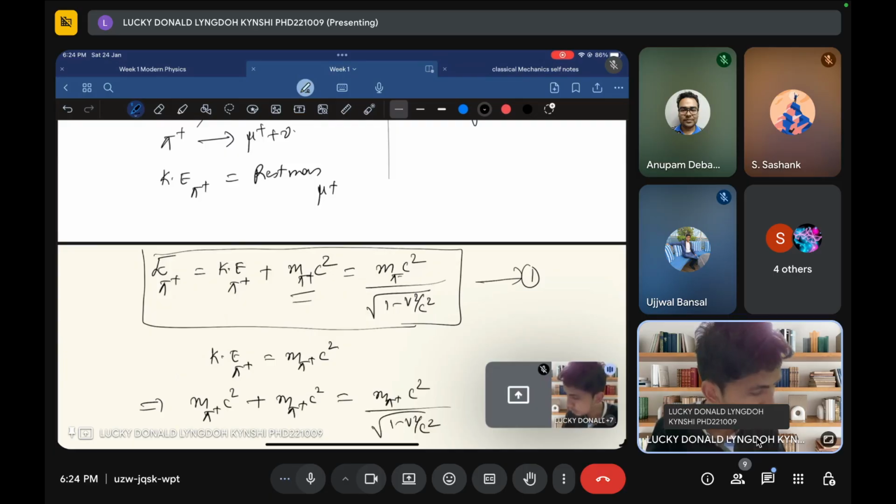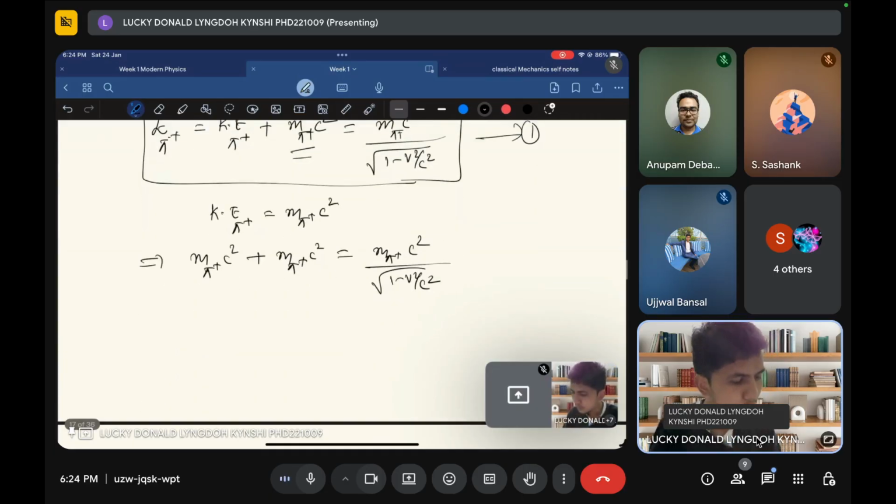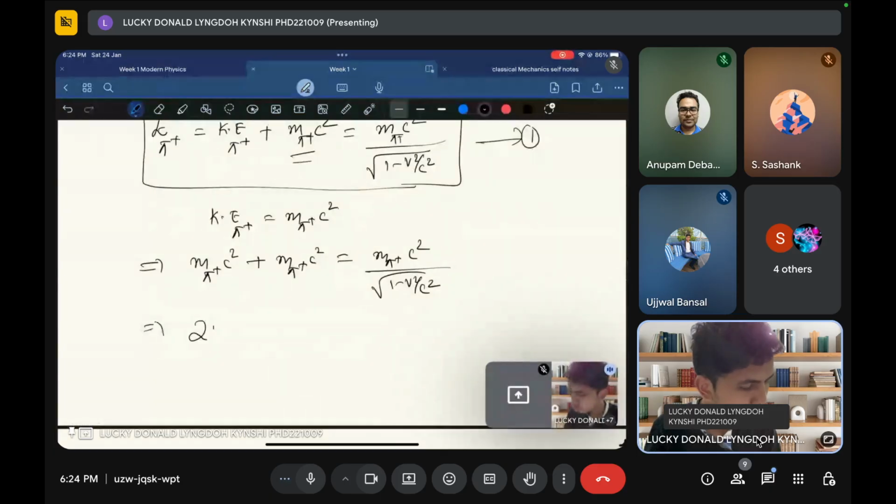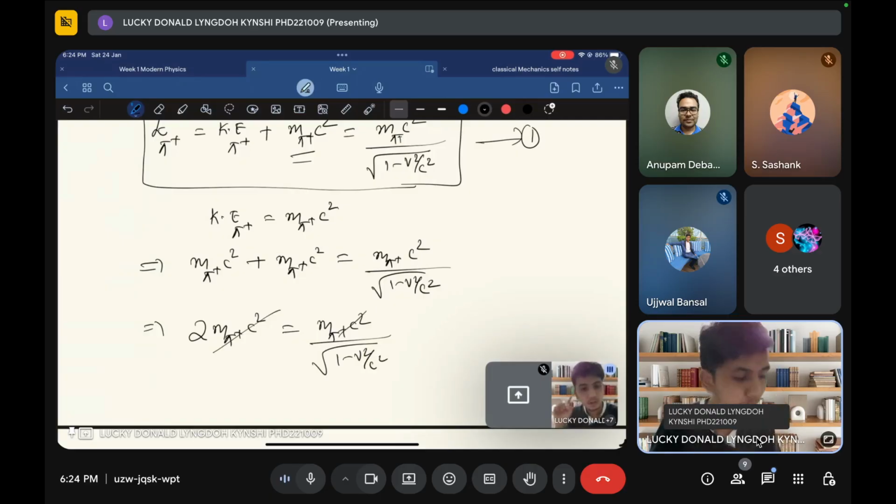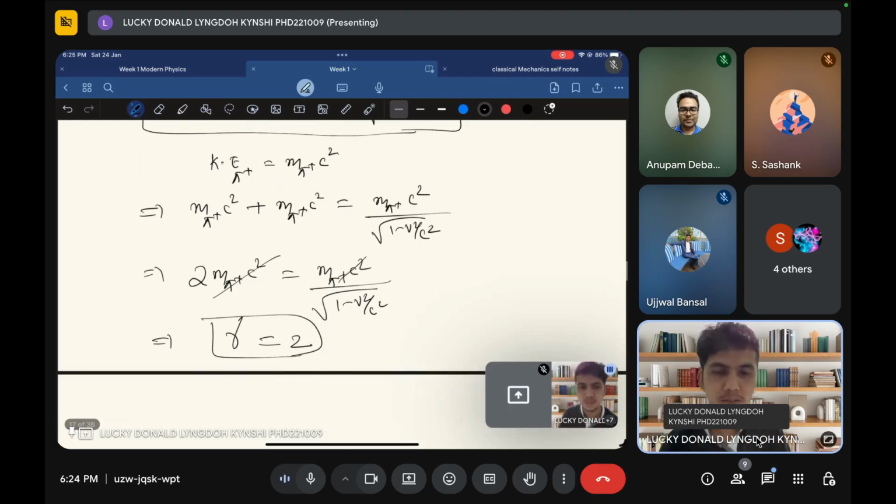So 2 m pi c square is equal to m pi c square by root over of 1 minus v square by c square. The m pi c square on the left and on the right get cancelled, and 1 by root over of 1 minus v square by c square is in fact gamma, equal to 2. We will see why this is necessary.